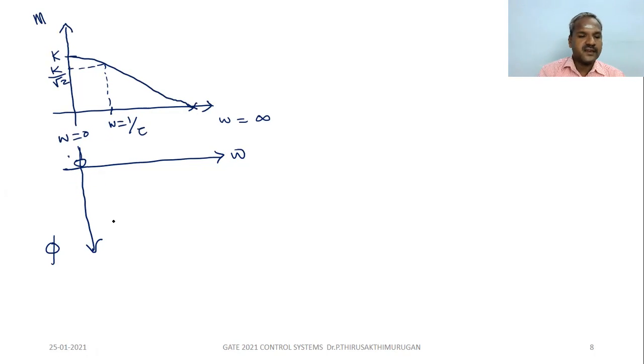When omega is infinity, minus 90 degree. When omega is 1 by tau, what is the value of phase? Minus 45 degree. So if you join this curve, we will be getting this.